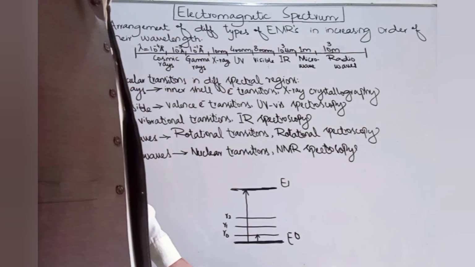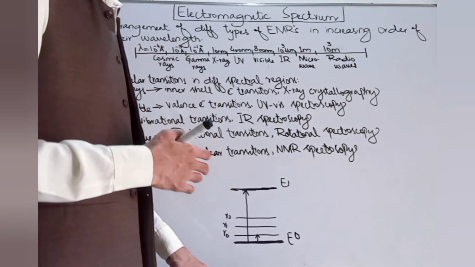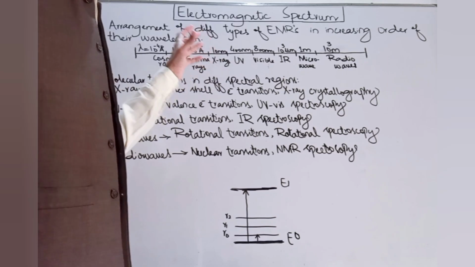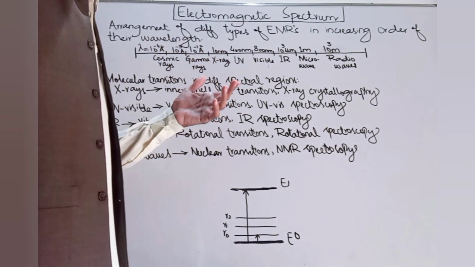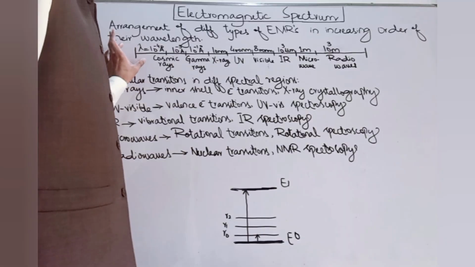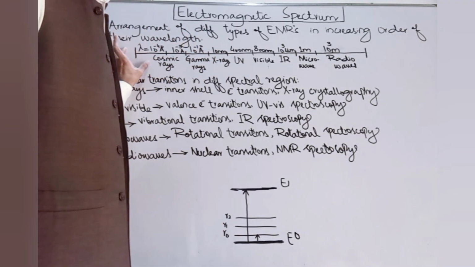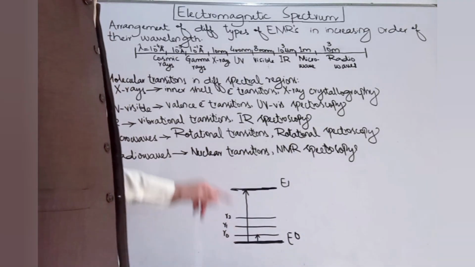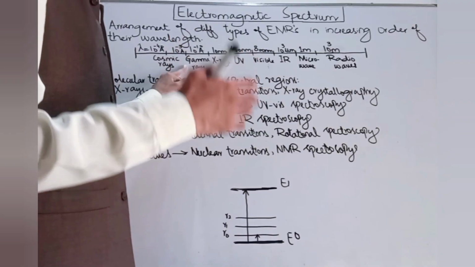When the electromagnetic radiations are arranged in increasing order of their wavelength, we get an arrangement of different regions, and that arrangement is known as the electromagnetic spectrum. This is the most simple type of arrangement of the various regions, in increasing order of their wavelength.